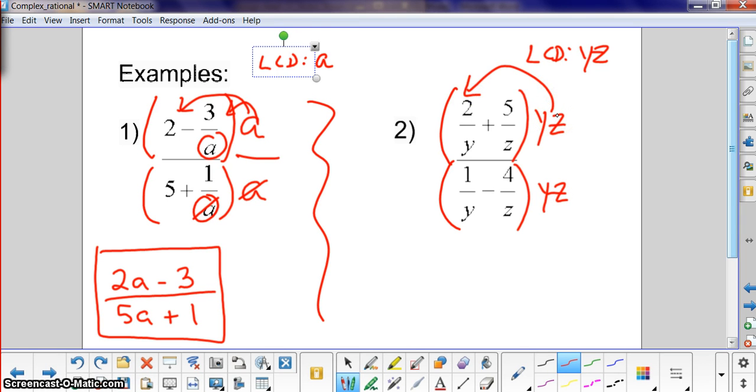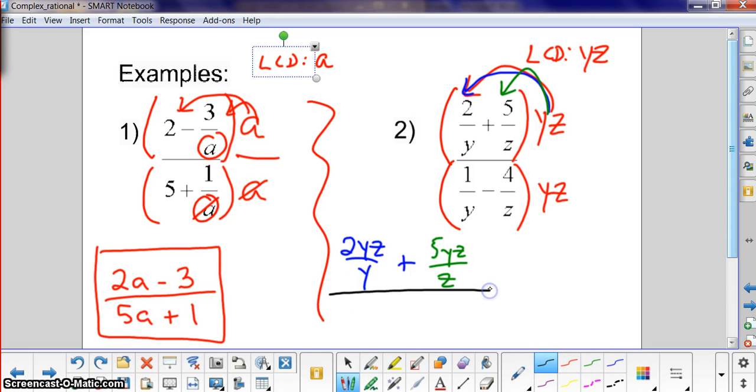Now I'm going to keep you with me while I go through this one just so you can see the work. Okay, yz times 2 over y becomes 2yz over y, and those y's are going to cancel out. And then plus yz times 5 over z becomes 5yz over z, and yes, those z's are going to cancel out, but I'll do that in my next step.